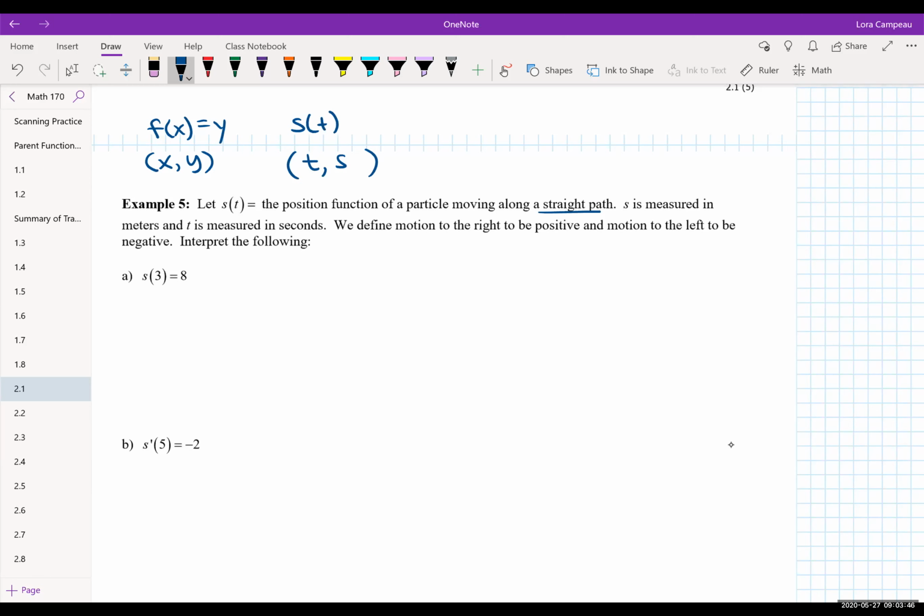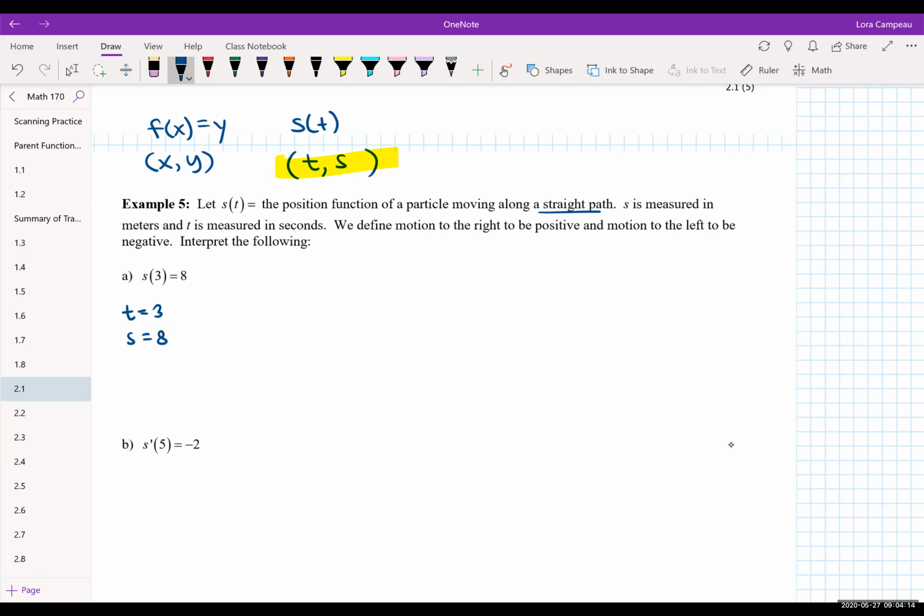Let's interpret the following. So we look at part A, and I'm noticing there are no derivatives involved. It's giving me function notation. So that's where I'm looking at my ordered pairs to help me understand. If I want to, I can rewrite on the side: t is equal to 3, S is equal to 8, according to this notation.